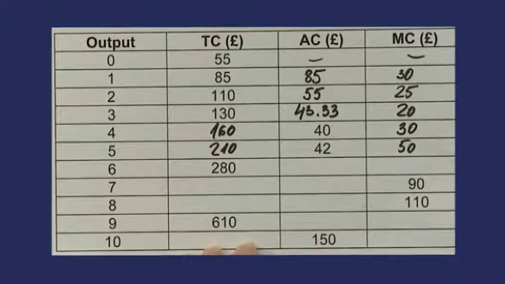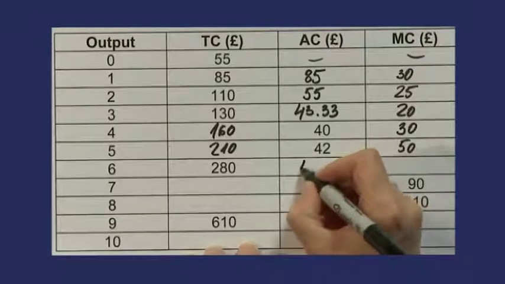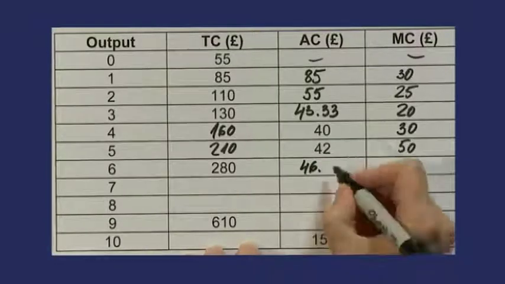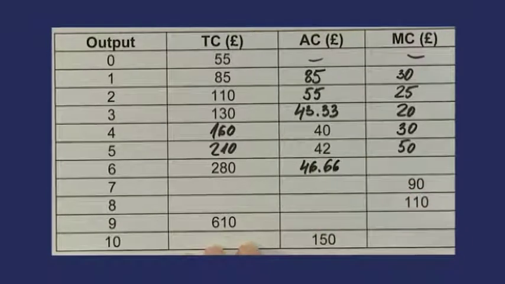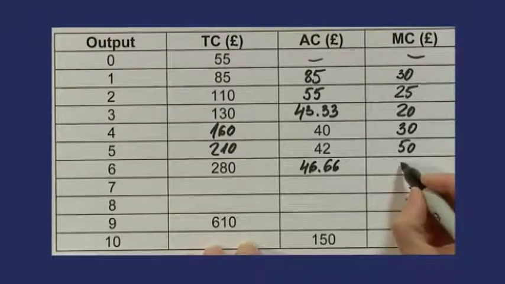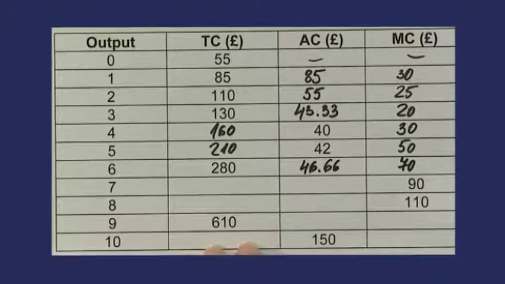Output is now 6, and we have a total cost of 280. We divide it by 6 units of output and we get 46.66 for average cost and 70 for marginal cost.